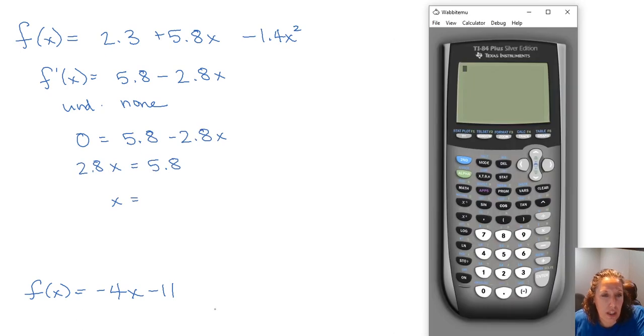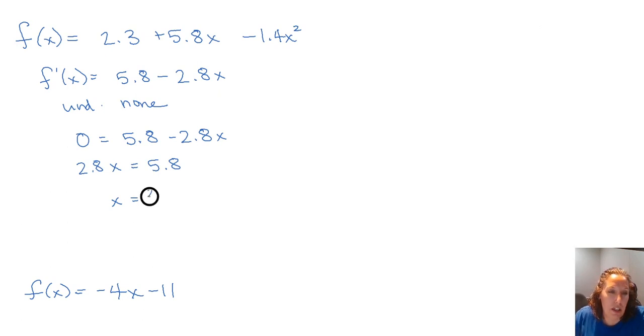Let's go ahead and get the calculator. 5.8 divided by 2.8. Now that's not a decimal I recognize, so let's do math, enter. That is 29/14. So that's going to be our critical value, our only critical value.